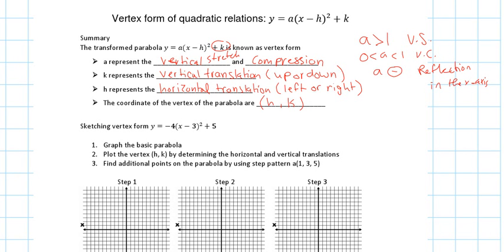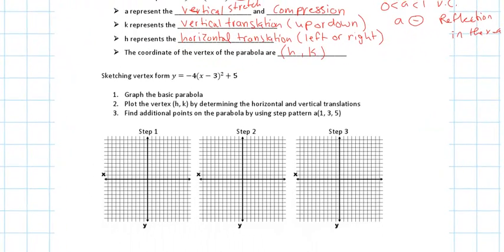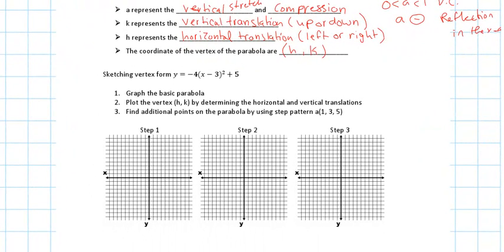If not, you're going to have to find your vertex, and then use your step pattern to graph your next points. In this case, the question doesn't ask me to state the transformation, it just says graph the basic parabola and then graph the other one. I'm not going to use step 2, step 3. I'm going to do it all together in one step.